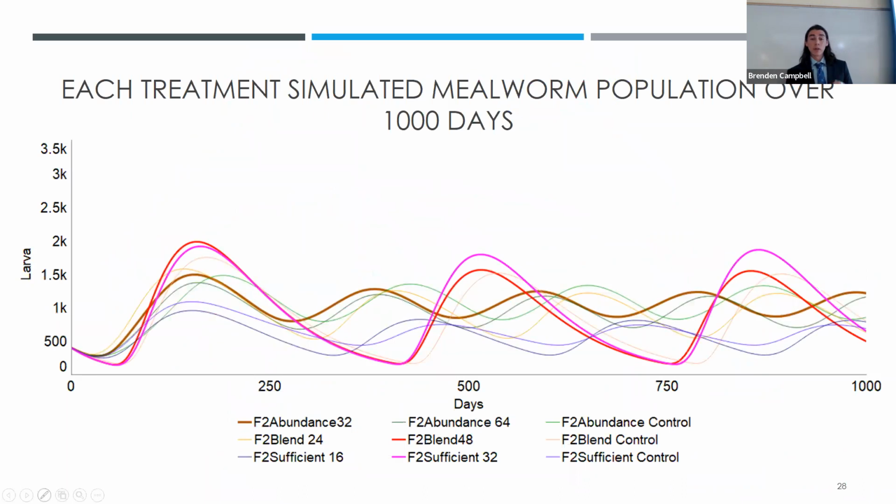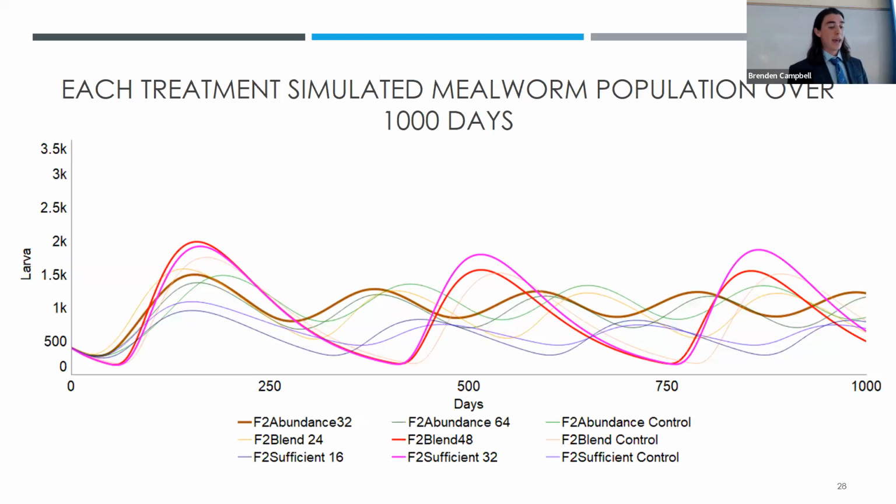So here are the results of the population model. I want to point your attention to the x-axis here, which is days, and then the y-axis, which is number of larvae. Each treatment was parameterized from lab data and used to create and simulate this 1,000-day population.